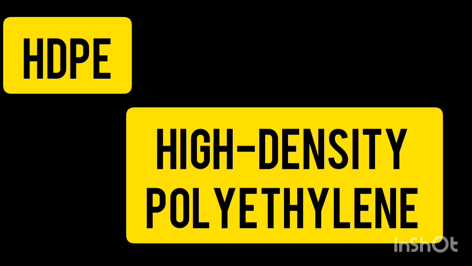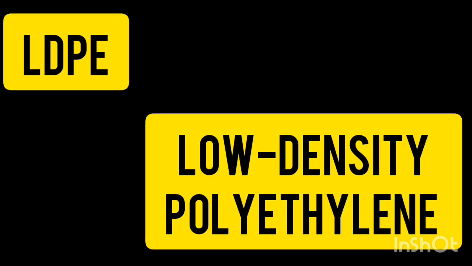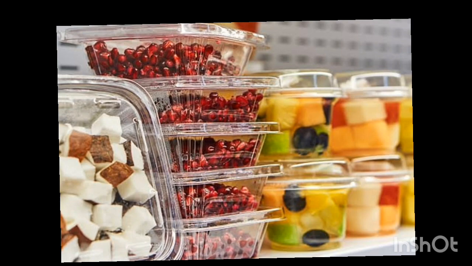Then other food containers. Then HDPE, high density polythene. This is used for making containers for keeping strong and corrosive household and industrial chemicals such as bleaches and acids. Then LDPE is used for making polybags, grocery bags, and packaging of food and bread.